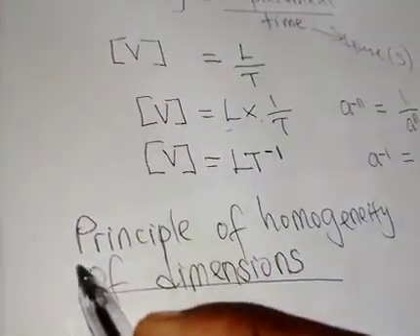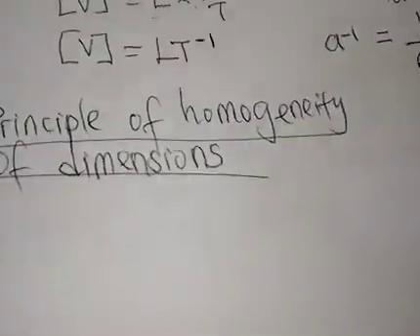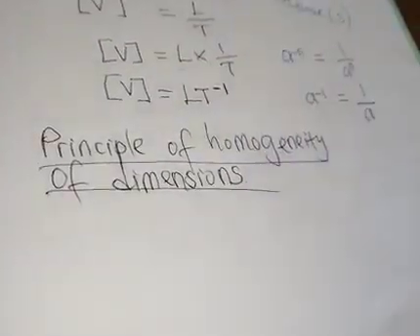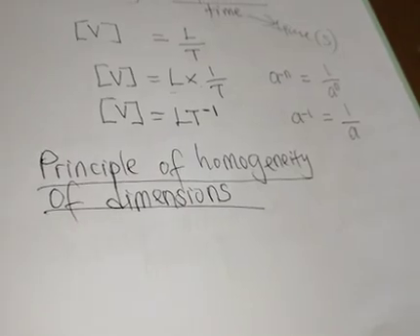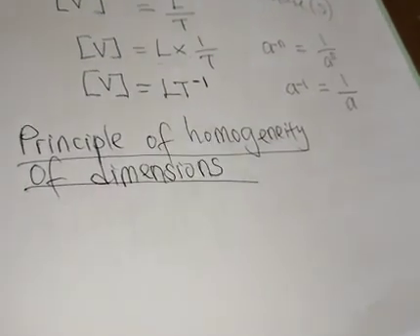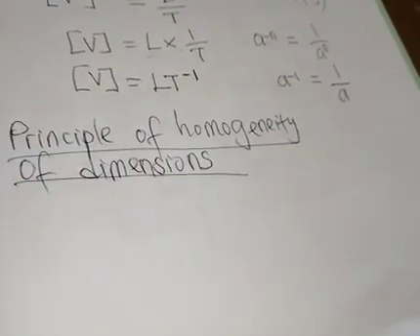As we'll be solving questions under dimensional analysis, the principles we'll be using are the principles of homogeneity of dimensions. Under this we have two statements or two principles we should know.